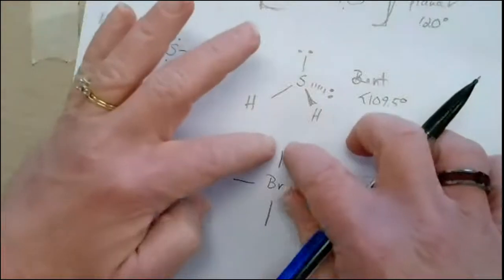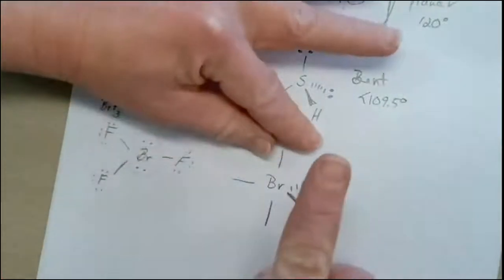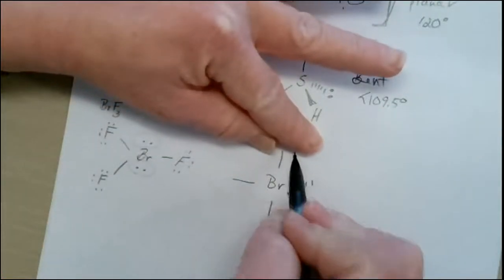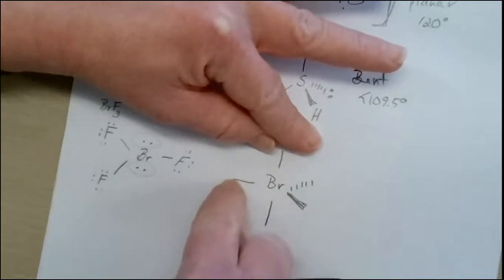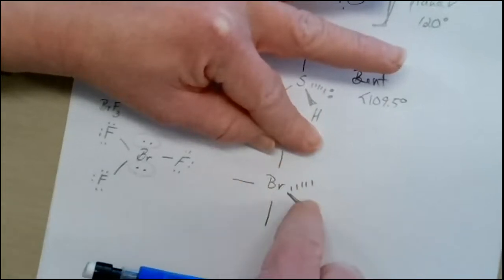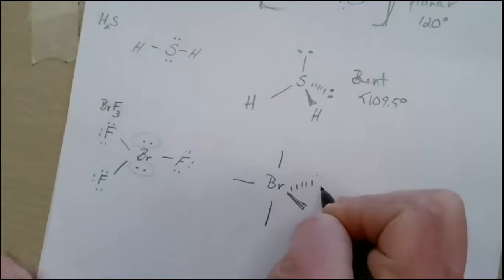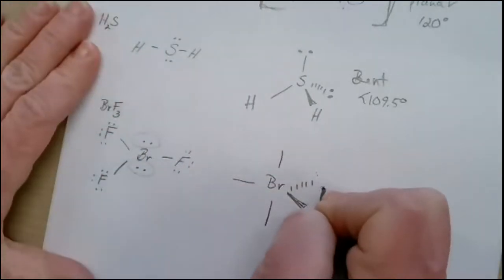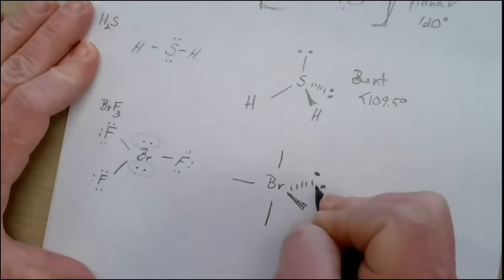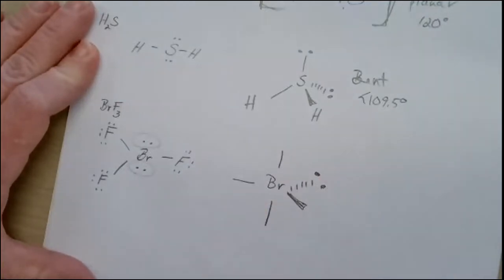I know it seems like we would want to put the lone pair here. I'm sorry, that's how I should have said it. If we put the lone pair here, it's 90 degrees to 3 other areas of electrons. But if we put it here, it's only 90 degrees to 2 other areas. So the lone pairs are always favored to be on the plane first.